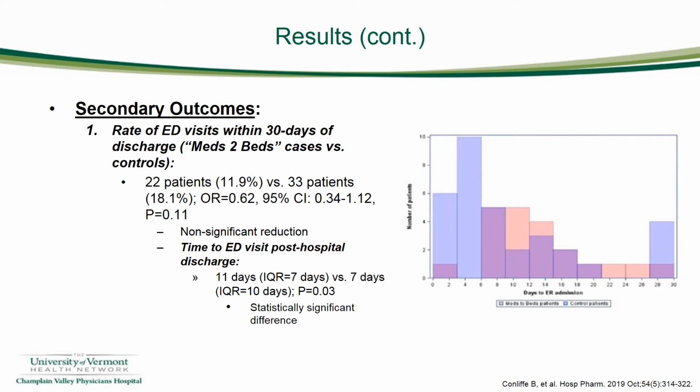When we looked at time to first ED visit post-hospital discharge, however, it was significantly longer in the patients who were enrolled in the meds to beds group versus control. So these patients presented to the ED on average 11 days after hospital discharge compared with 7 days in the control group, and this was statistically significant.